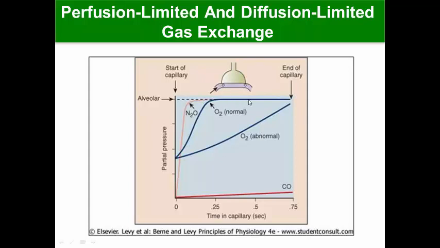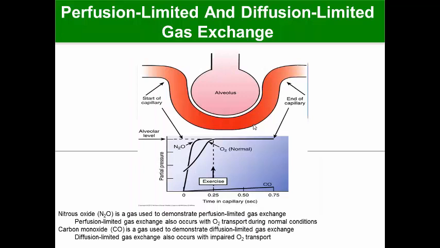So the only way now to increase the amount of oxygen transported across the respiratory membrane is by increasing perfusion. So oxygen is described as perfusion limited gas exchange. This is under normal conditions. However, under abnormal conditions or during strenuous exercise, the exchange of oxygen becomes diffusion limited. So same thing here.